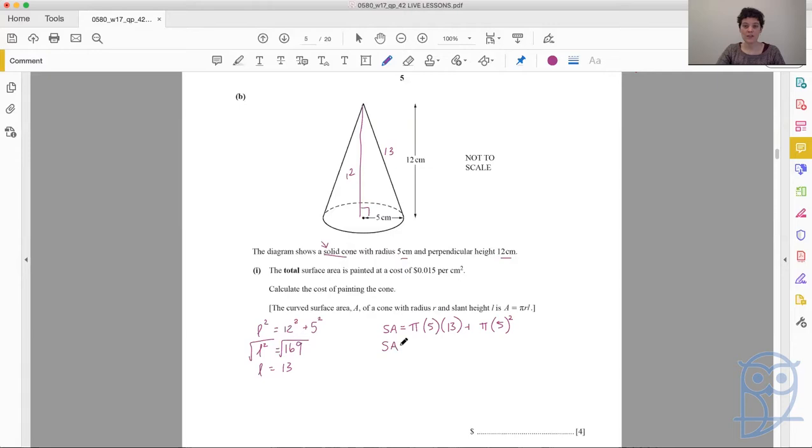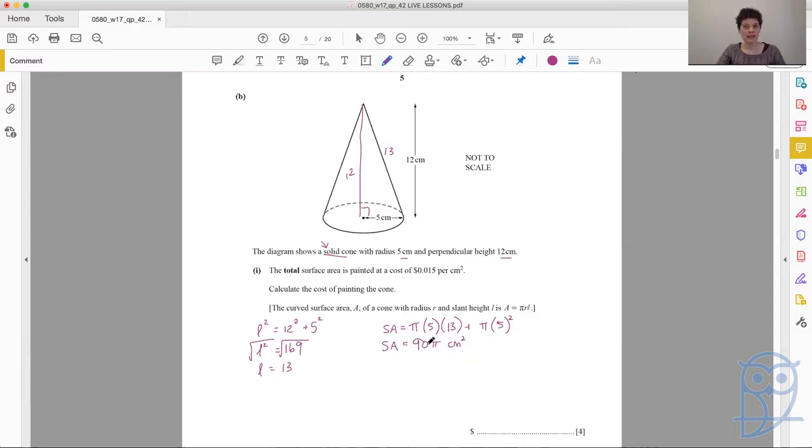So surface area equals, and if we plug all of this into a calculator, pi times 5 times 13 plus pi times, well, 5 squared is 25. We get 90 pi centimeters squared. Remember we don't put units in our calculations. Units just come in at the end.